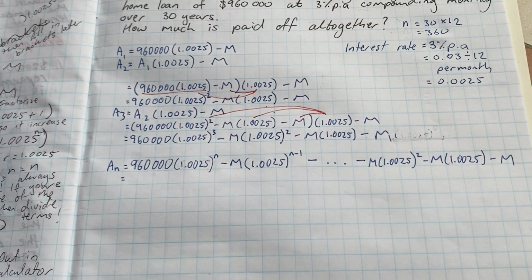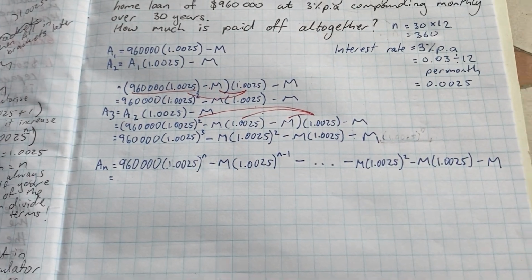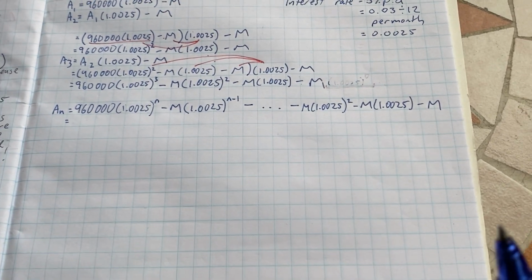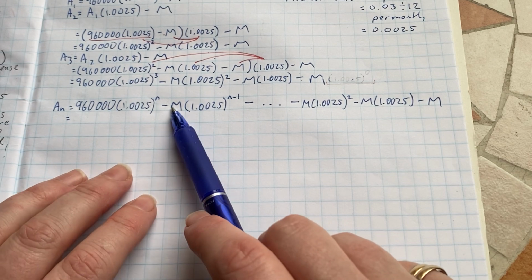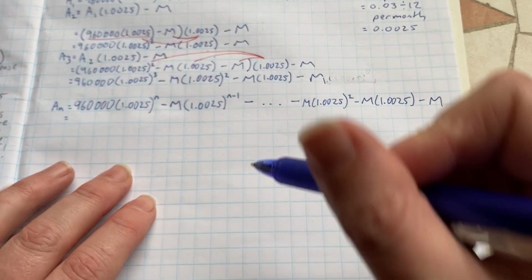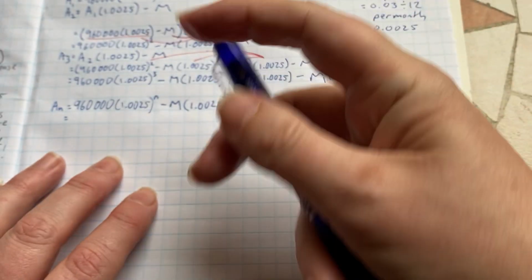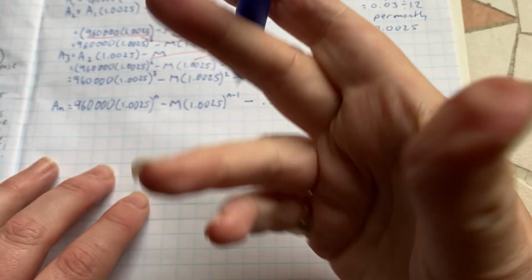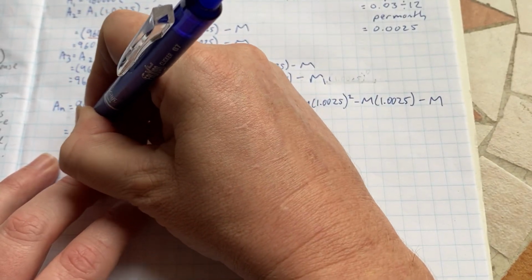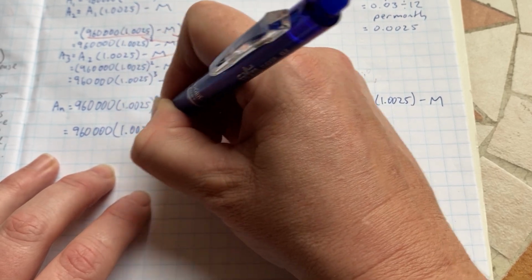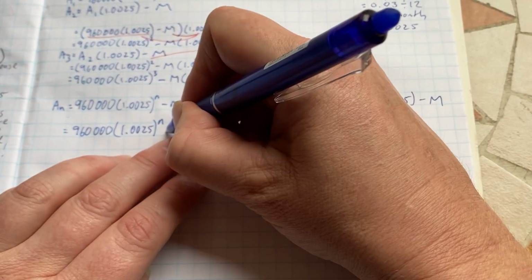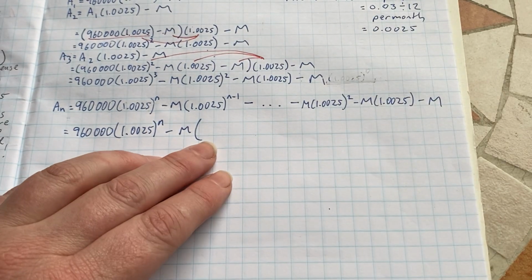Okay, so what you want to do now is factorize out the m's so that this whole thing becomes a bracket. So 960,000 1.0025 to the power of n minus m bracket.